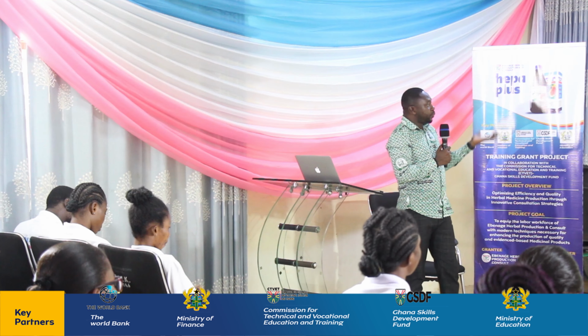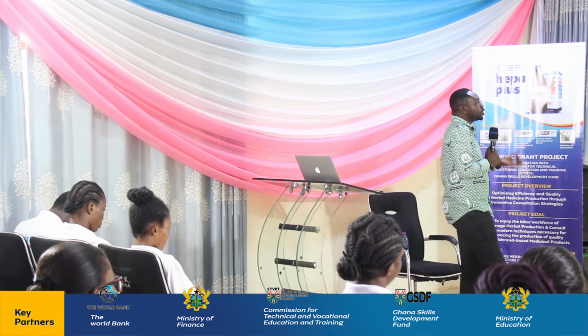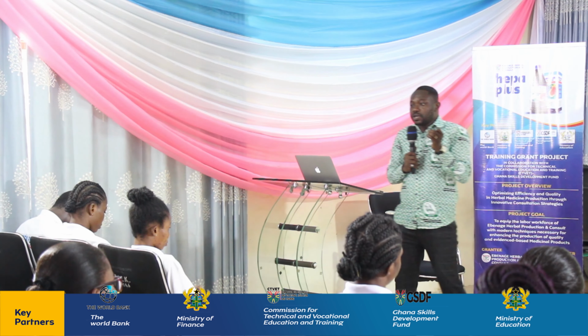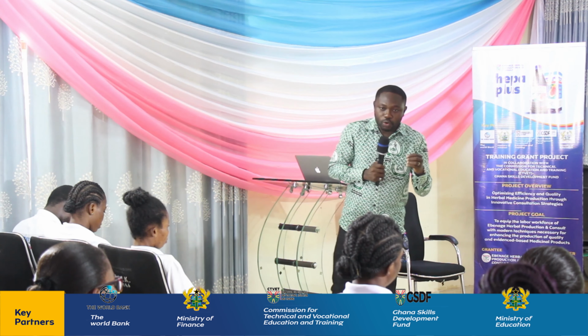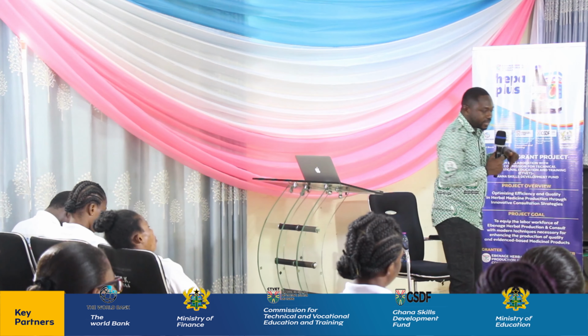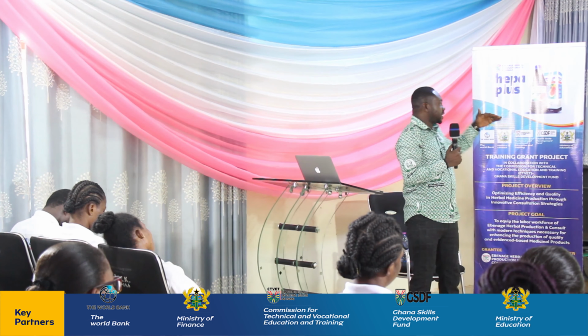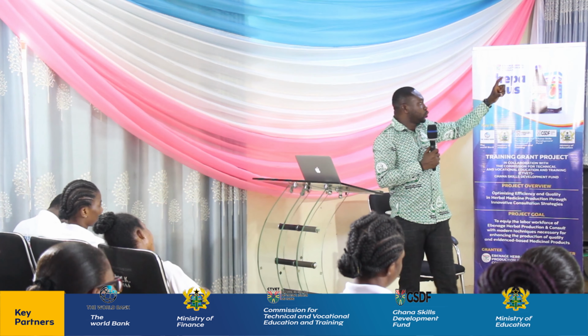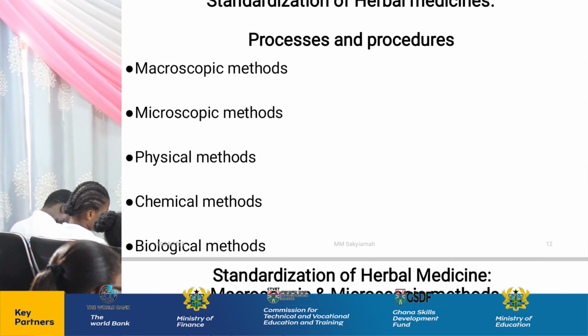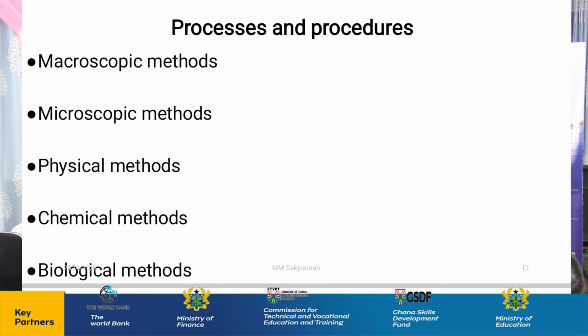Then we have the microscopic methods. This one usually employs the use of a microscope, for example, to see what the eyes probably cannot see. You want to go into the plant or whatever you're checking, to see what is in there to help you identify. Basically, what these two methods do is, one, help you identify the right variety of plants we want to use.